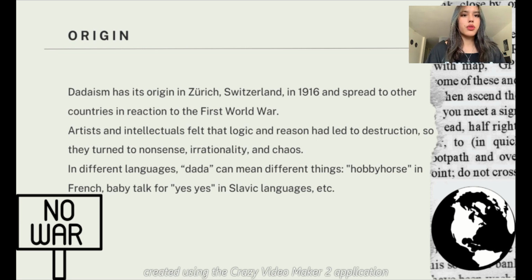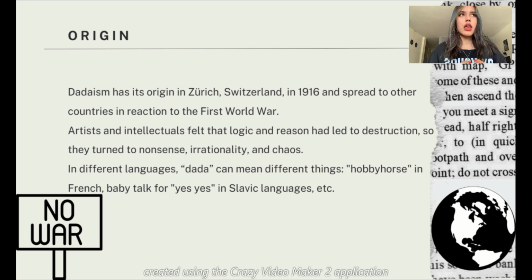For example, it can mean hobby horse in French, and it is baby talk for yes yes in Slavic languages.